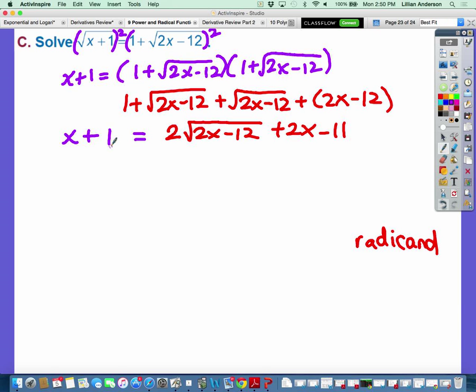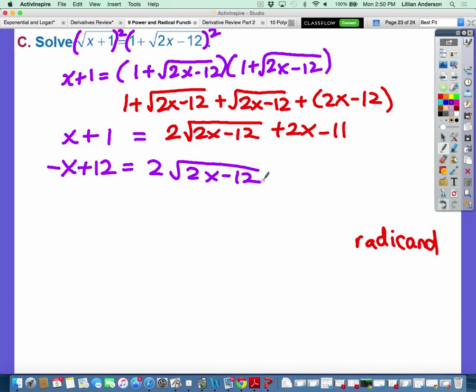Now we just have one radical that we need to get by itself. So what do I do to that 2x? Subtract 2x. Subtract it over, so I'll get a negative x. And then what do I do to that negative 11? Add. To get a positive 12.